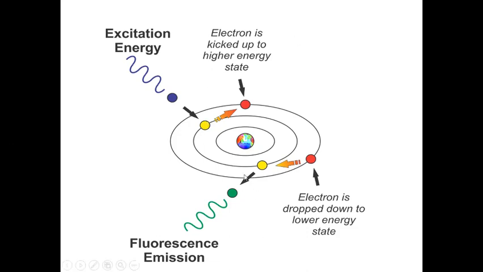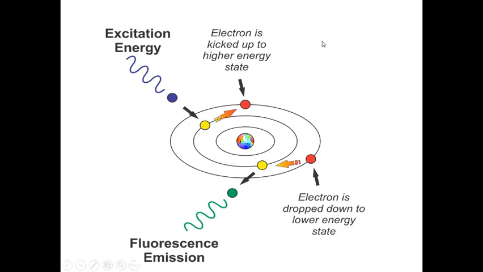Basically this is the atomic structure, and this is the nucleus of the atom, surrounded by the electronic configuration. These electrons absorb excitation energy from a light source, and the energy absorbed by the electron shifts it from the inner orbit to the outer orbit. This process is known as the excitation of the atom.